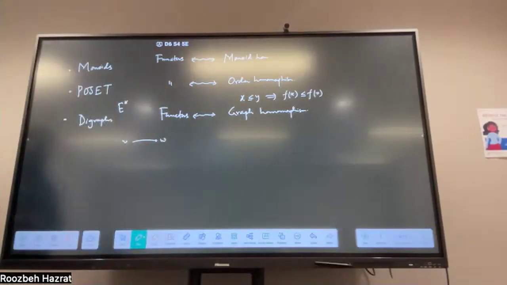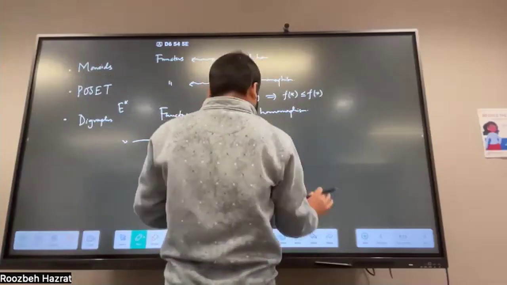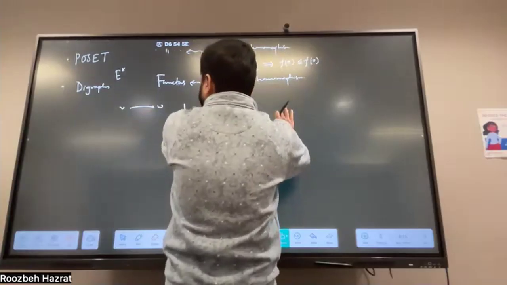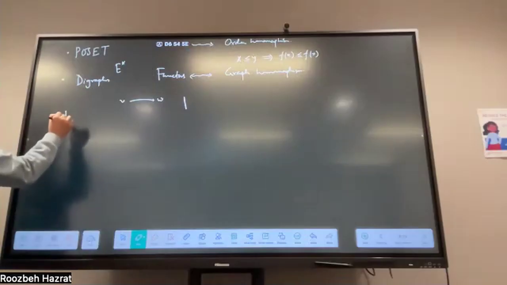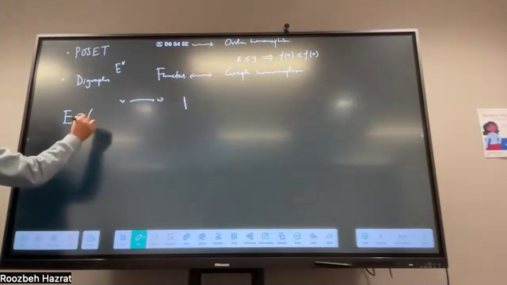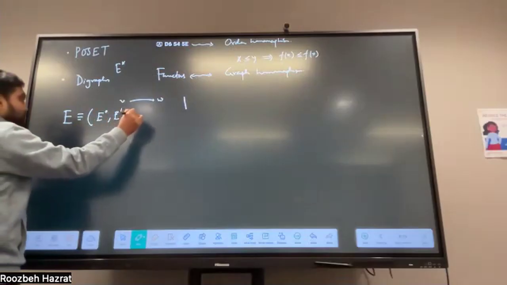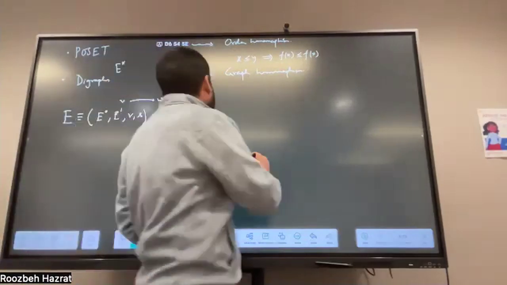To answer this, we will change our view towards graphs. We will have a different view. If you have a graph, we usually view this graph as a quadruple E0, E1, r, and s. But you can view it in a different way.